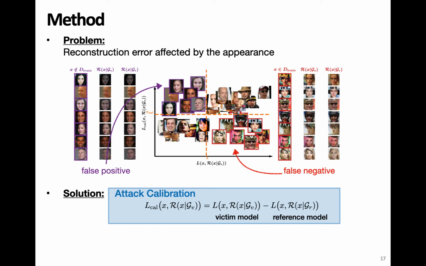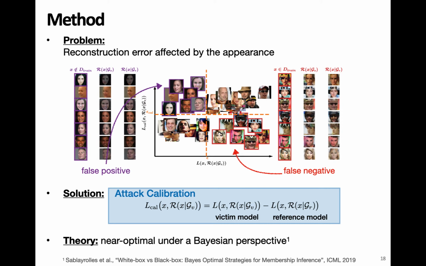Specifically, we train a reference model on a relevant but disjoint dataset, and we calibrate the reconstruction error by taking the difference on the victim model and on the reference model. We show our simple attack calibration technique consistently improves the attack performance across all different cases in practice, and we also prove it's near optimal under a Bayesian perspective in theory. More details can be found in our paper.